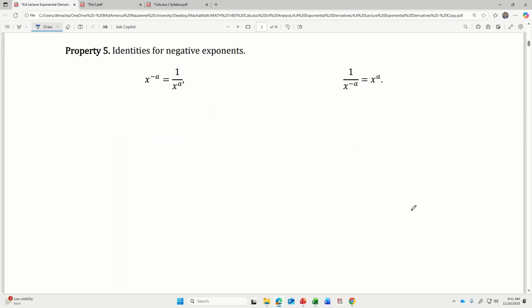So then we get these identities for negative exponents. In other words, if you've got a negative exponent, you just take the reciprocal. And these are, in a way, a definition, like we're just defining that's how we're going to treat negative exponents.